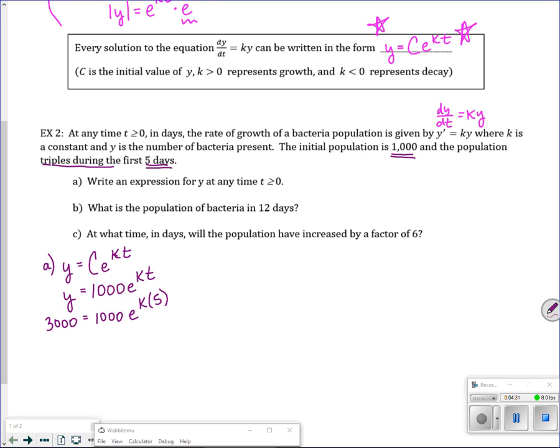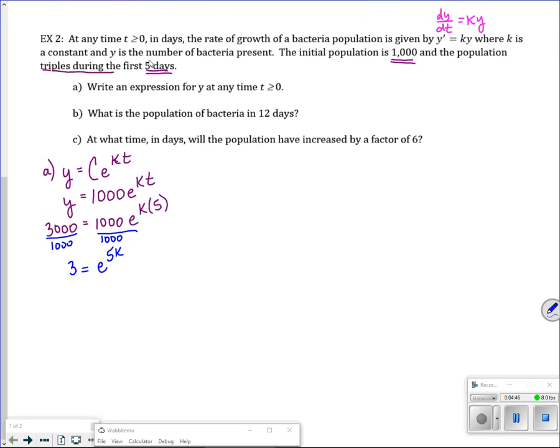So let's do the algebra. I, of course, to solve for k, would divide by 1,000. And I'm going to simplify because that would be silly not to. I have 3 equals e to the 5k. Think about taking the natural log of both sides. So I have the natural log, natural log. I can bring that 5k to the front.